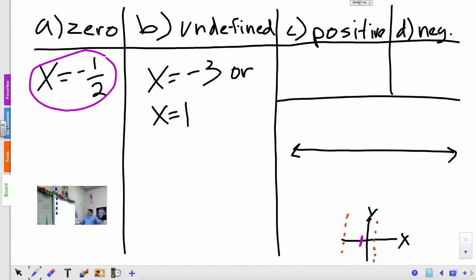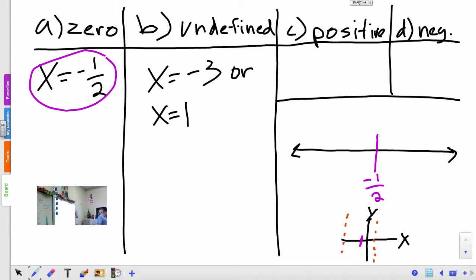So that tells me anything to the left of -1/2 has the potential to be positive or negative. I don't know. Anything to the right of -1/2 has the potential to be positive or negative. I don't know.